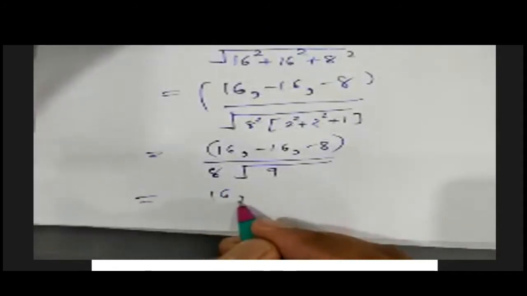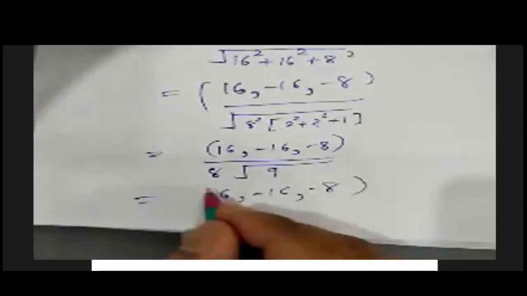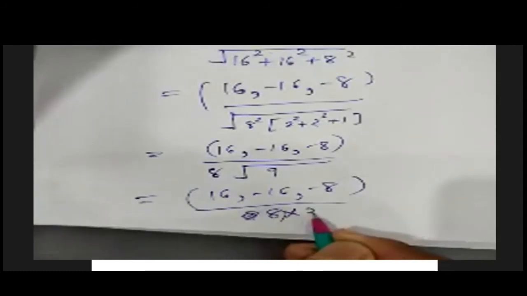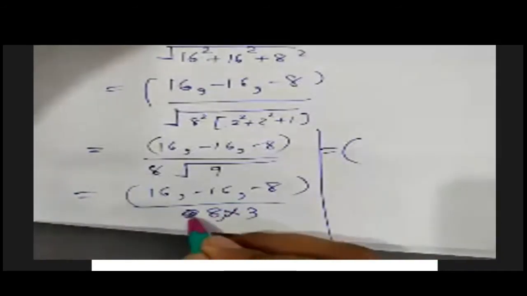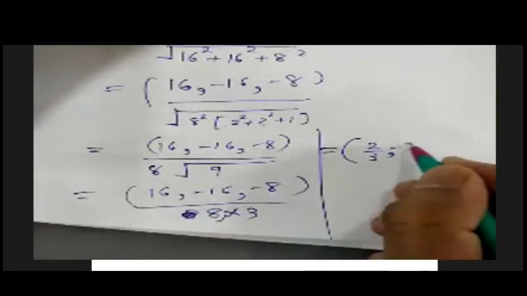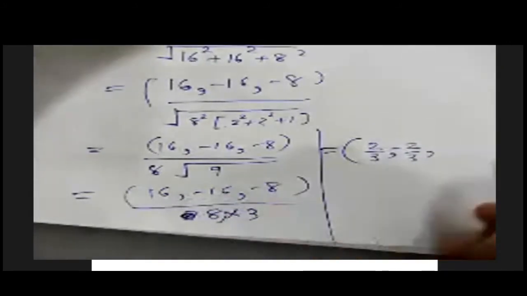So 16, 16, 8 divided by 8 times 3, 8 into 3 is 24. Okay, so let's give separately. 8 twos are 2 by 3, 8 twos are 2 by 3, 8 ones are minus 1 by 3. This is your answer: 2 by 3, minus 2 by 3, minus 1 by 3.